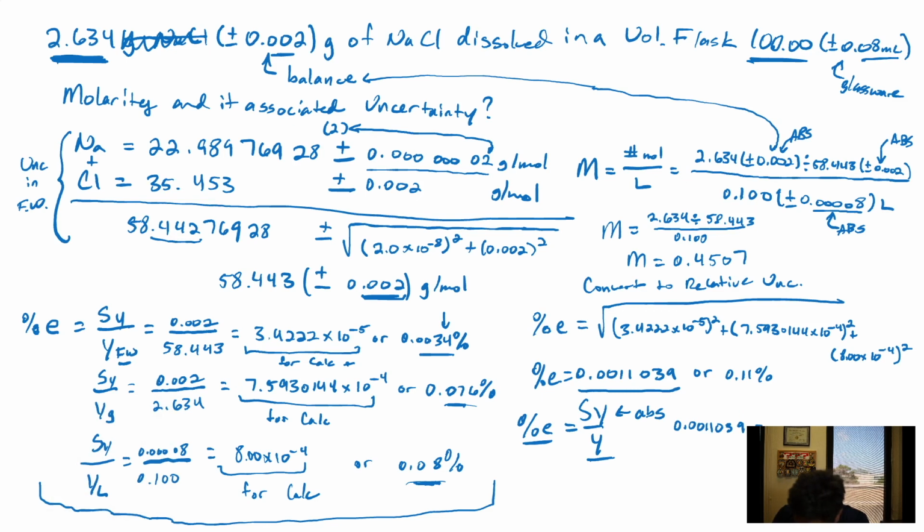And all that equals SY over the 0.4507, right? And so you just solve for SY to get the absolute uncertainty. And so now your answer here will be whatever this times this is, right?